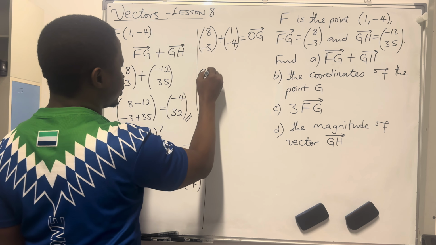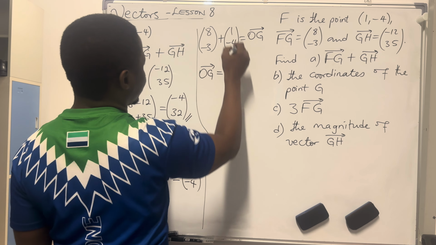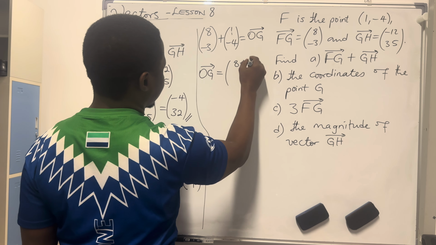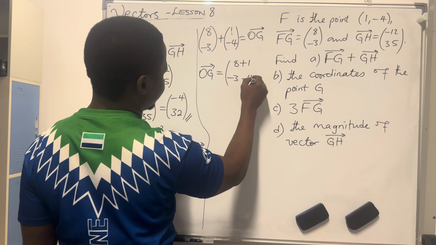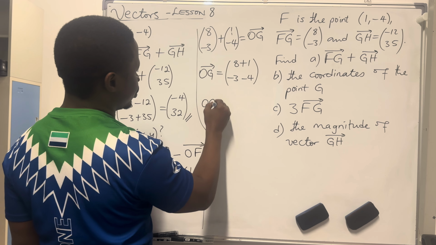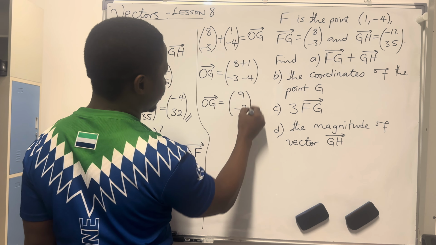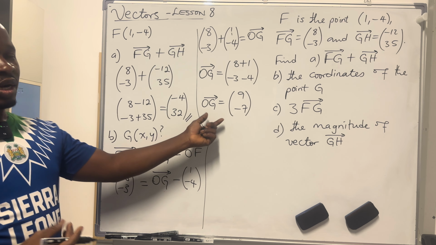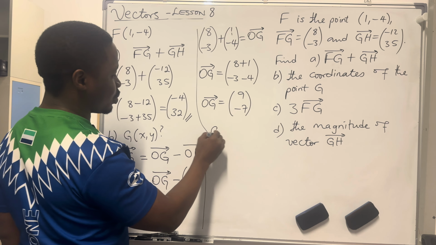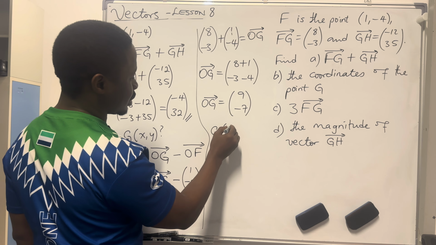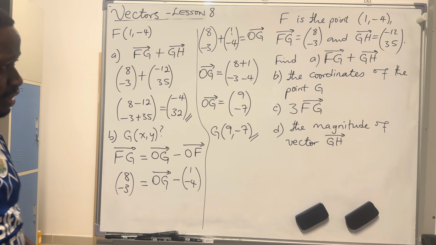So now OG is equal to this with this, so 8 plus 1. Down here, minus 3 plus times minus, minus 4. So OG is equal to (9, -7). But we don't want it as a point, sorry, we want it in vector form. So we say G is (9, -7). These are the coordinates of G.